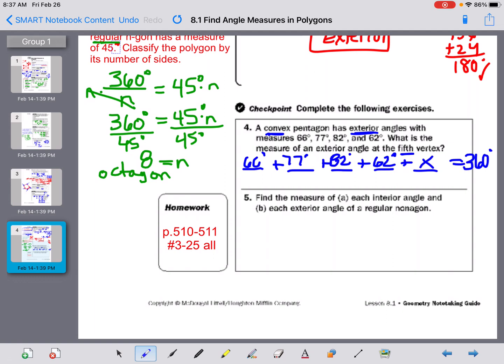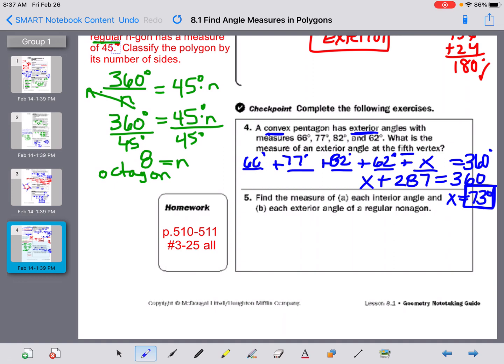All right, little algebra here. X is the only variable. When I add 66 plus 77 plus 82 plus 62, I get 287. 360 minus that 287, I have a missing angle of 73 degrees for that outside angle.